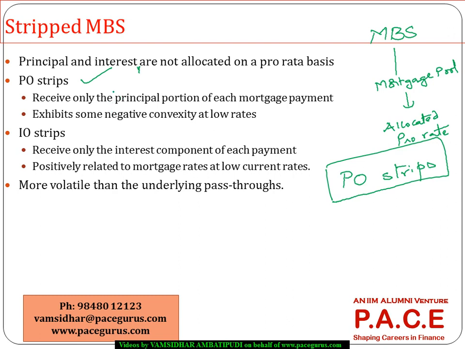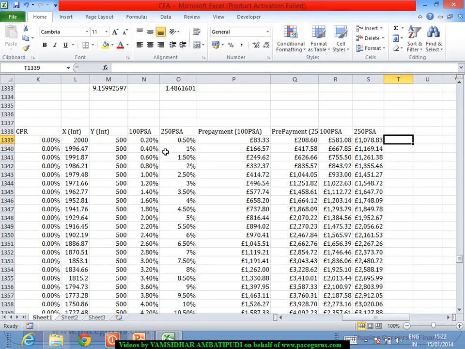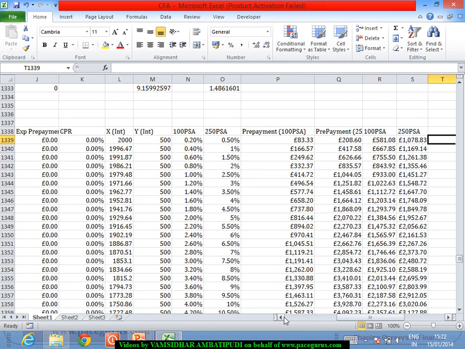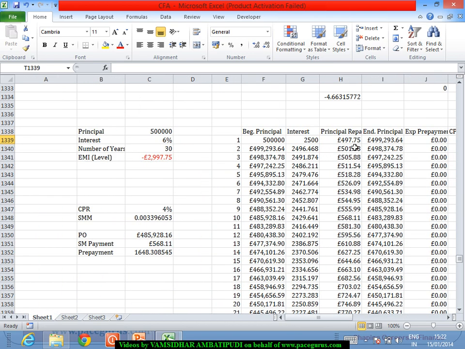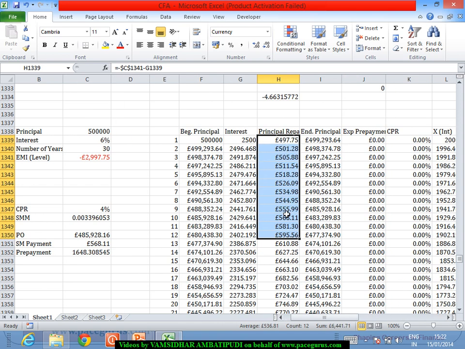So, in this example, the principal only investors will receive only these amounts, whereas interest only investors will receive only these amounts.